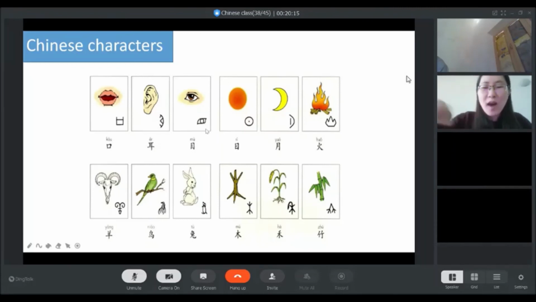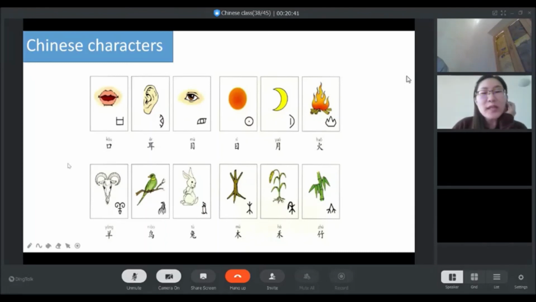We drew an eye with a circle inside. But after thousands of years, it changed to this one. It's a square. Mu. This one means eye, sun, moon, fire.